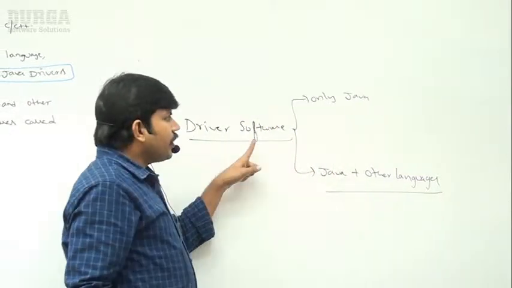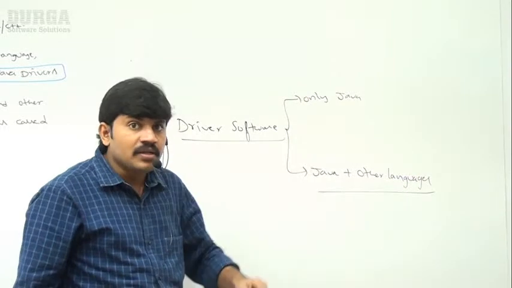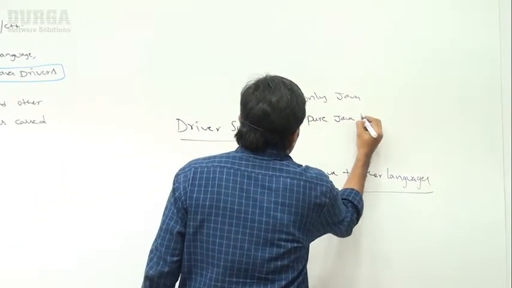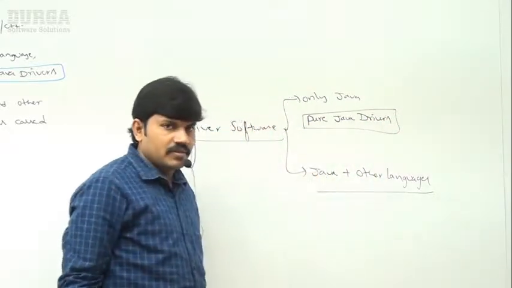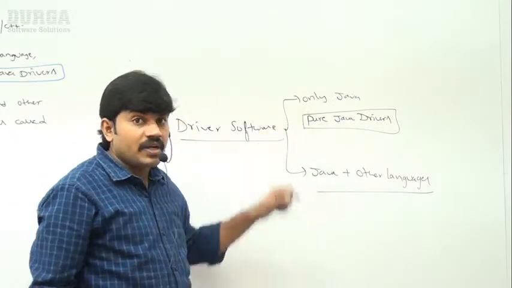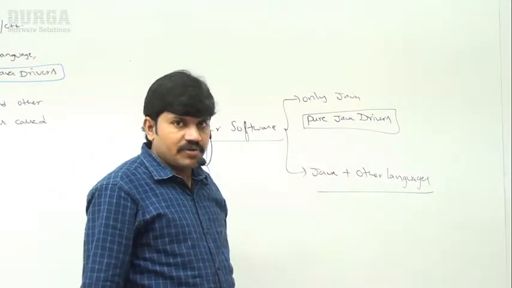If I use only Java, and the total driver software is developed only in Java, such type of drivers are called pure Java drivers. Remember this one. Pure Java drivers. So this complete driver software is developed only by using Java. Such type of driver softwares are called what? Pure Java drivers, right? Okay?